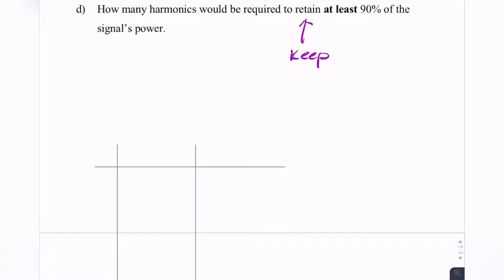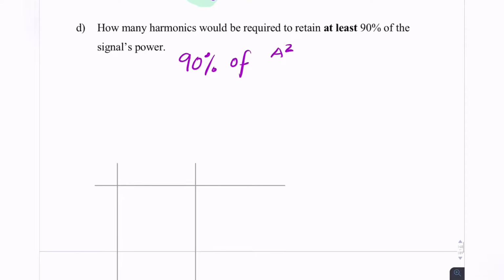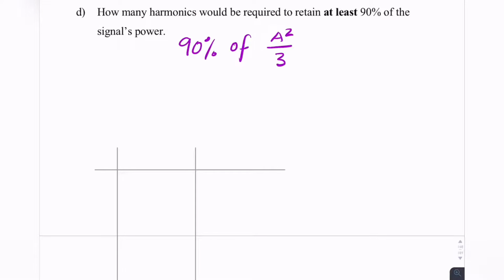So we want to retain 90% of a squared over 3. So that's 0.3 a squared. So that's our target. We want at least 0.3 a squared.